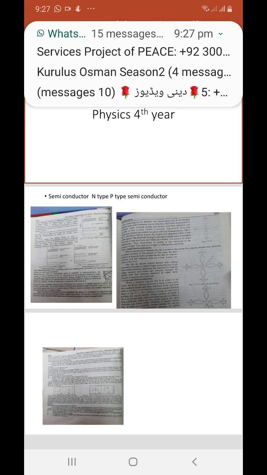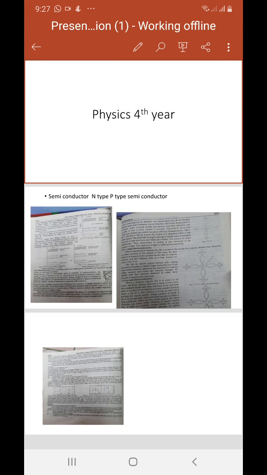A hole has the same amount of positive charge as that of a proton, equal to that of an electron. However, a hole is not a proton, only a positive charge. In p-type, majority charge carriers are holes, and minority charge carriers are electrons. So this is known as the p-type semiconductor.